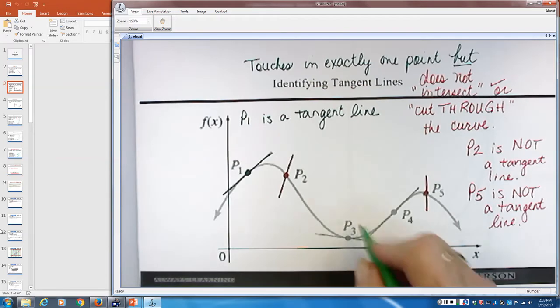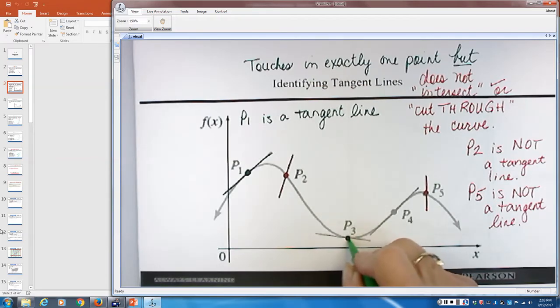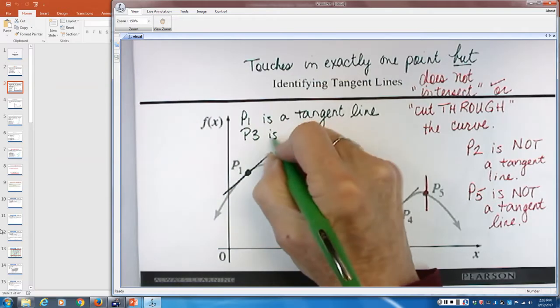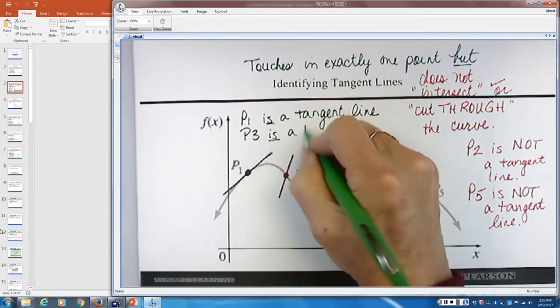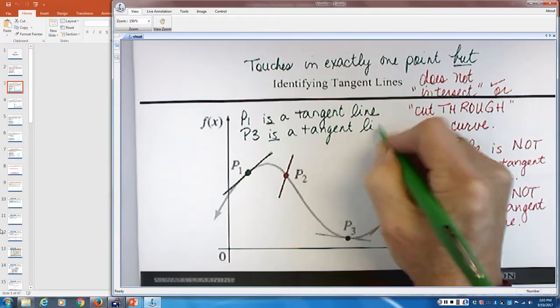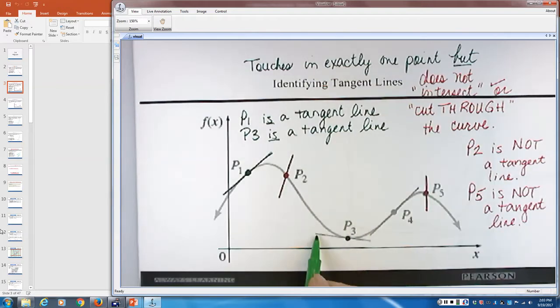So is P3? Yes. P3 is a tangent line because it touches it in one point.